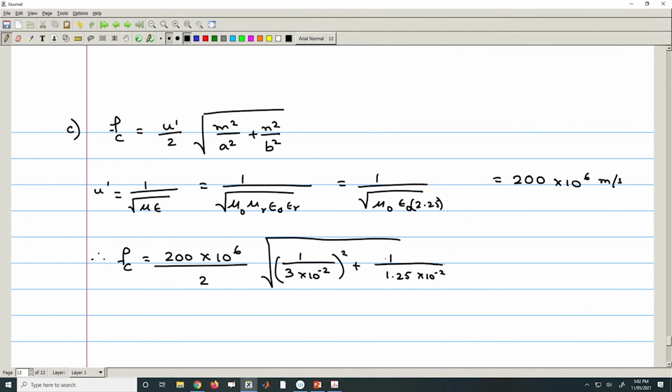So these are the modal indices and the dimensions. So we will get Fc as 8.67 gigahertz. Okay, next question.